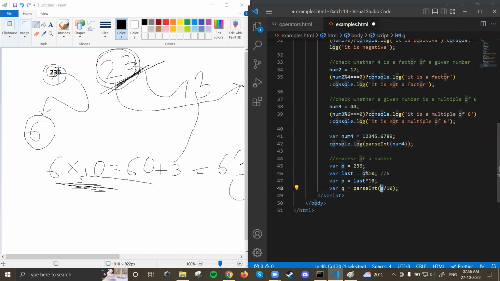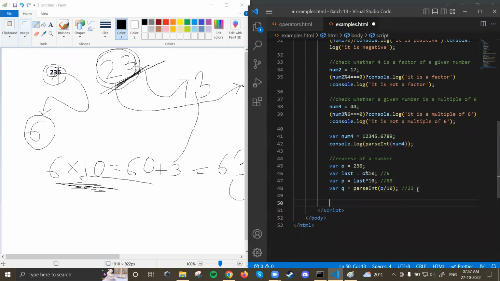O means 236. 236 by 10 is 23.6, and if we do parseInt, we'll get 23 here. So what is the value of P at this point? The value of P is 60. And the value of Q is 23. Okay, fine. Now we'll move to the next step. So this is part 1.